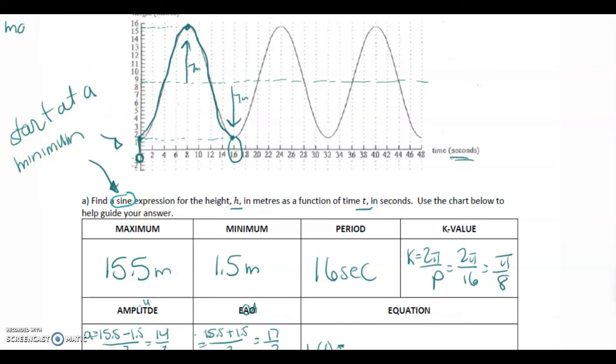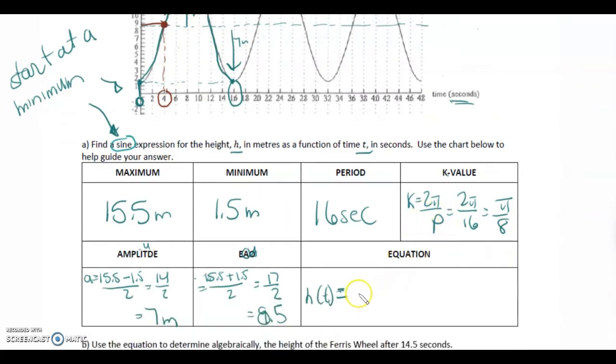So we have to start on the equation of axis. So our equation of axis is here. Our starting position would be 4 for sine, because sine starts on the equation of axis and goes up. So let's work with that.